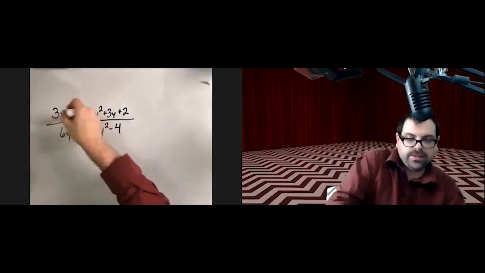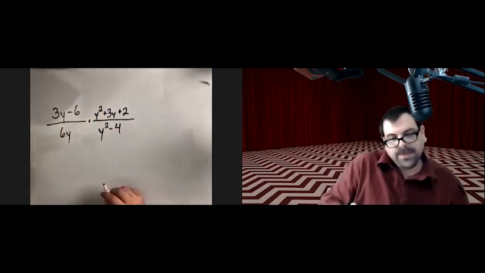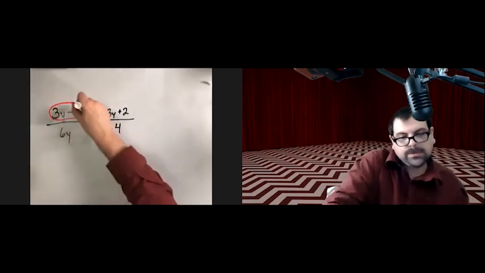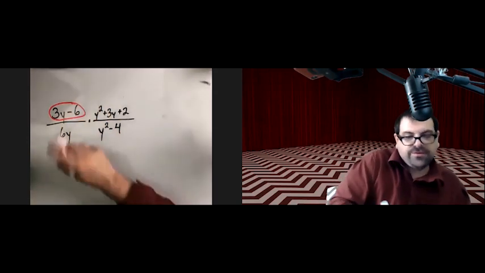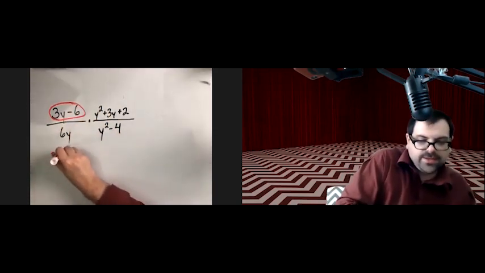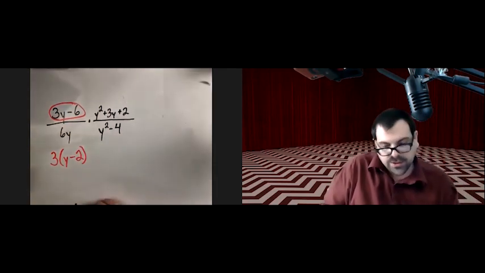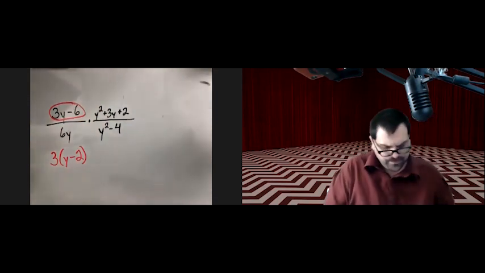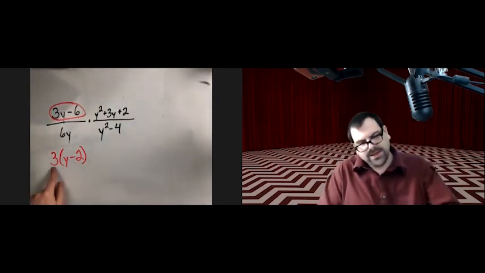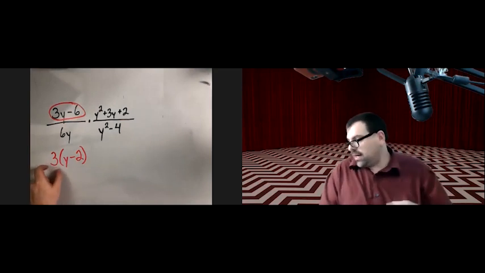Here, in the top left, we can factor out a 3, and that's all we can do. We're left with 3 times y minus 2. Three is already a prime number, so we don't have to break that up any further.